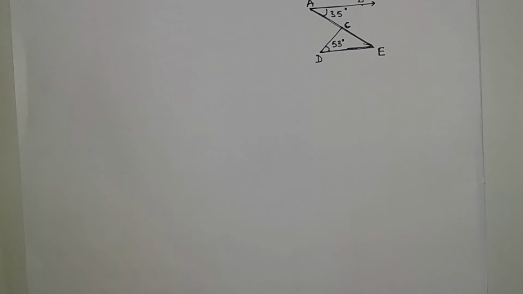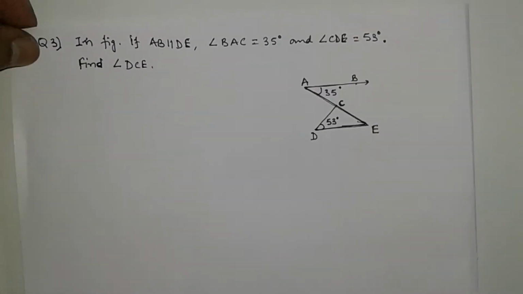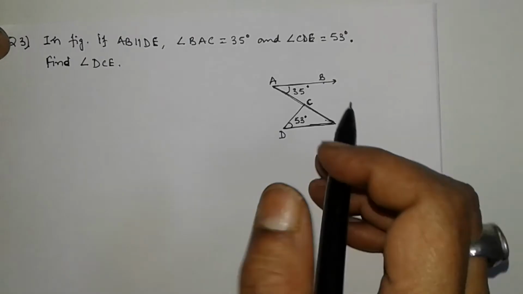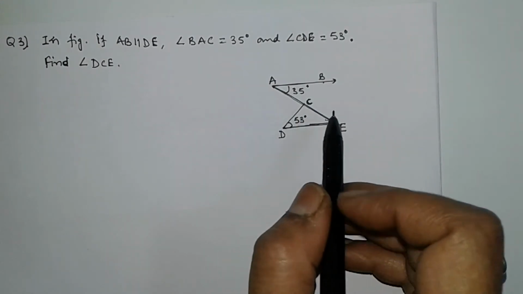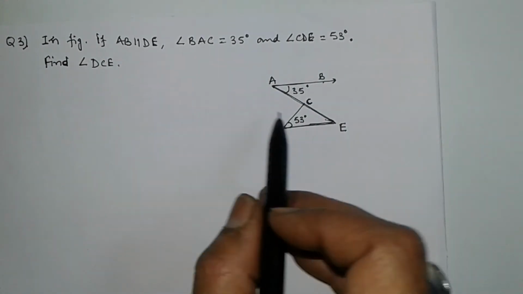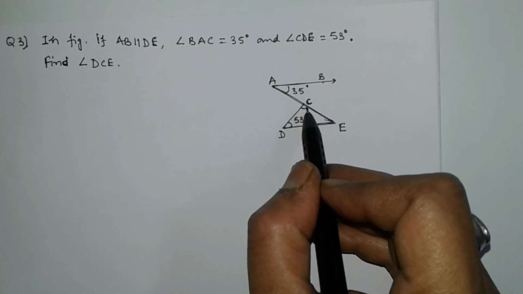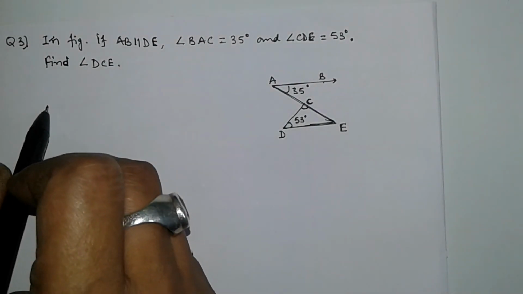Now we'll take one more question. In the figure it is given that AB is parallel to DE, and we have to find the value of angle DCE.